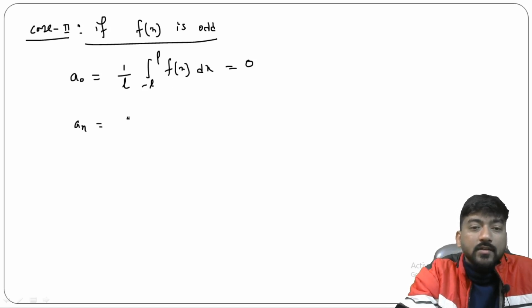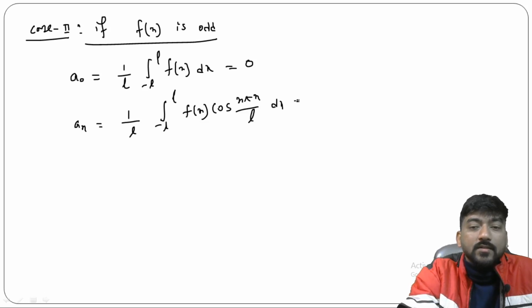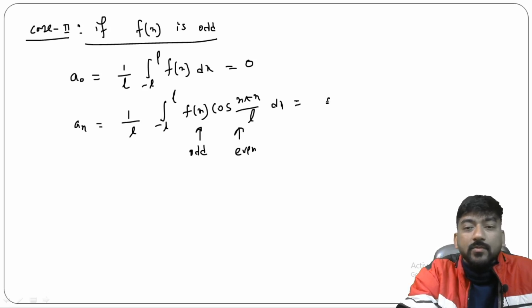And what will be your a_n? 1 upon L integration minus L to L f of x into cosine of n pi x by L into dx. And this will also be 0 because f of x is odd and this cos of n pi x by L is even. So odd into even is always an odd function, and minus L to L of an odd function dx will be 0.